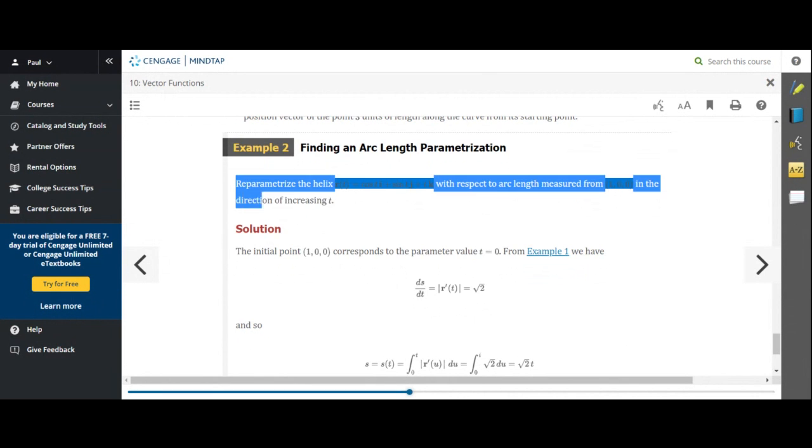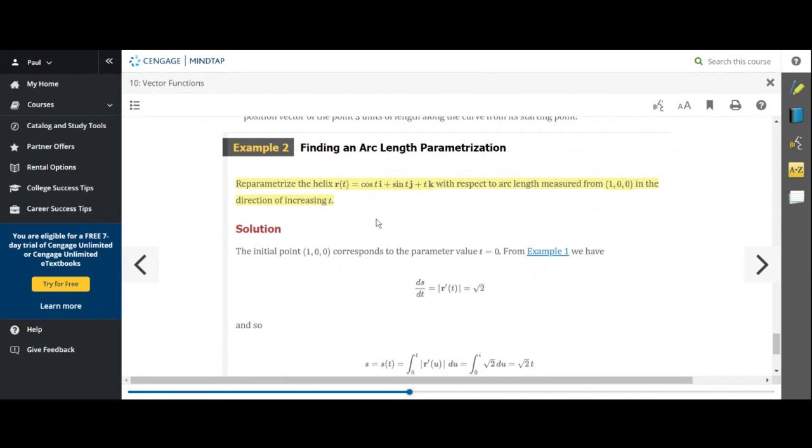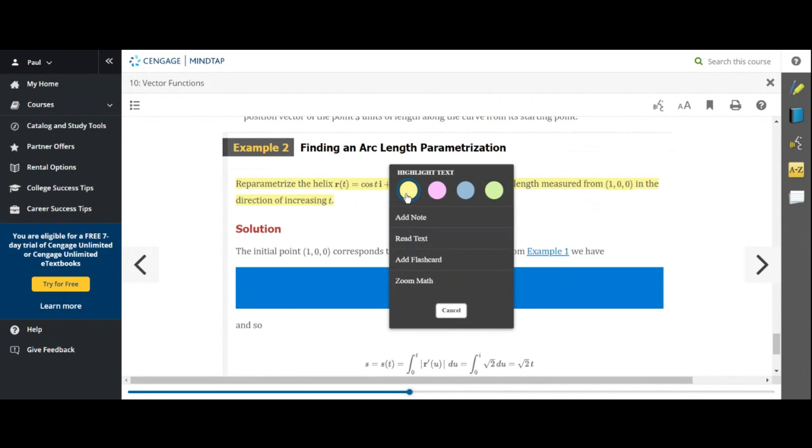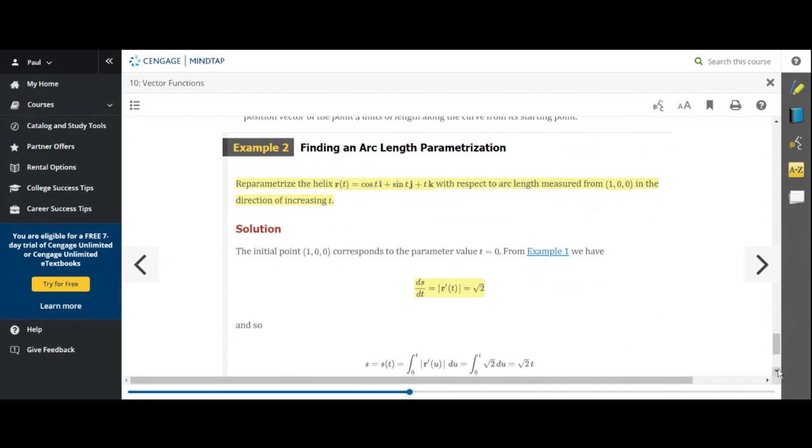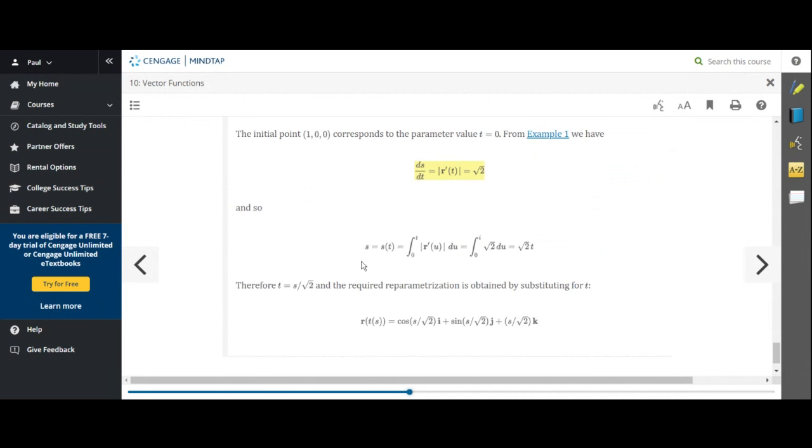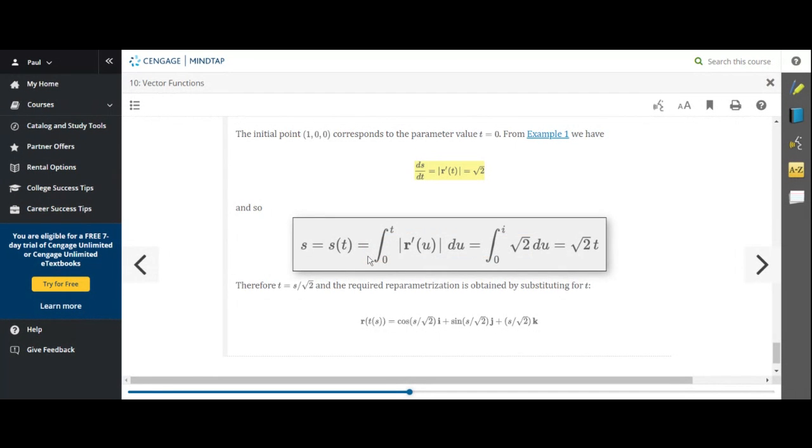In example 2, they want you to reparameterize this helix with respect to arc length measured from (1, 0, 0) in the direction of increasing t. They say we have established that the derivative of arc length with respect to t is a constant, square root of 2. So the arc length itself is equal to square root of 2 times t.